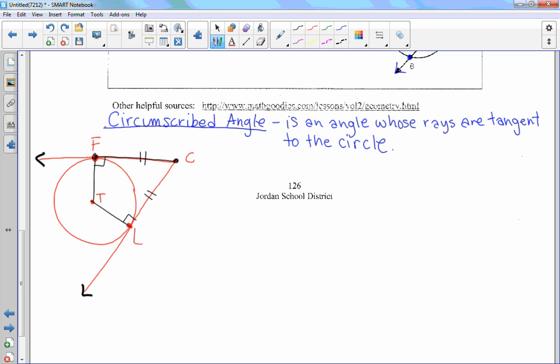Slide it. Right. 2 interesting things happen here. The 2 tangent segments will be congruent.